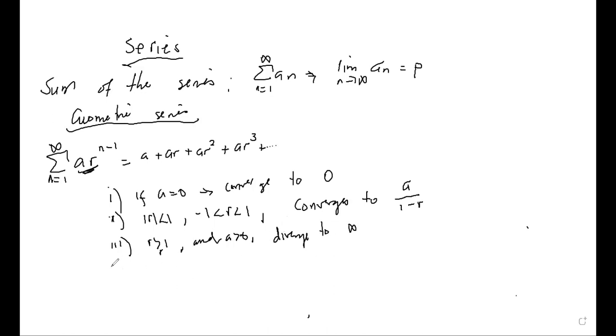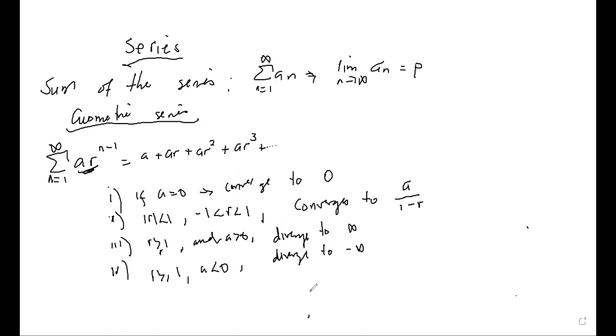And then the fourth case is if r is greater than or equal to 1 and a is less than 0, then this is going to diverge to negative infinity.